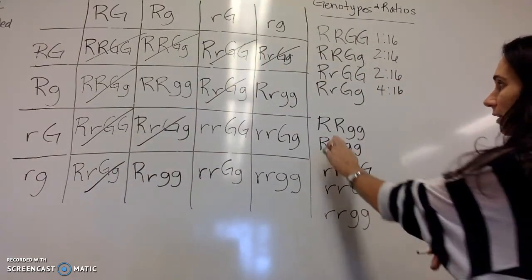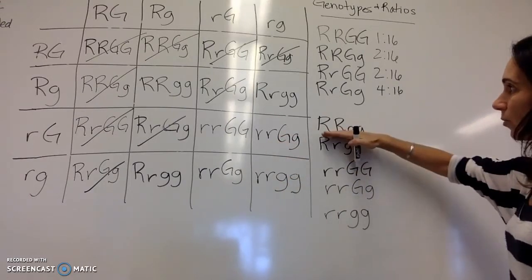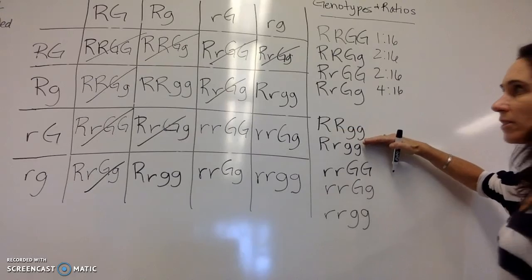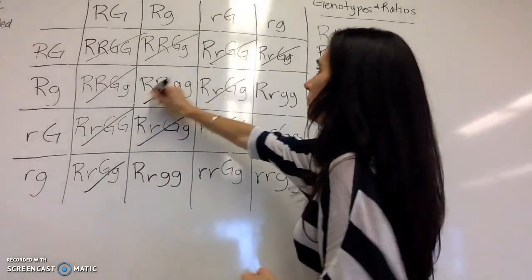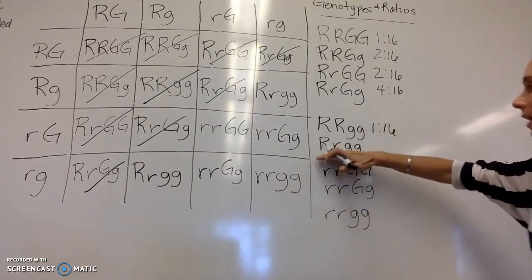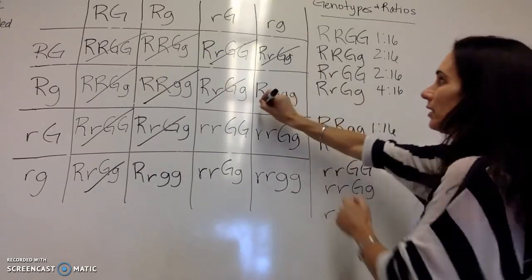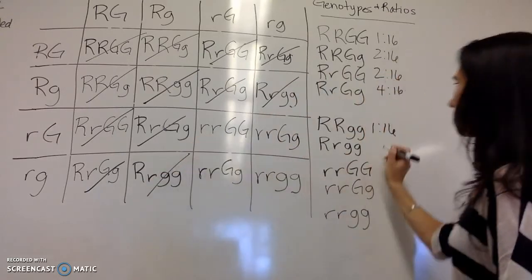Okay? See how it gets a little bit easier to locate these as you go along? So, homozygous dominant with homozygous recessive, 1 time. 1 out of 16. Heterozygous with homozygous recessive, 1, 2 times.